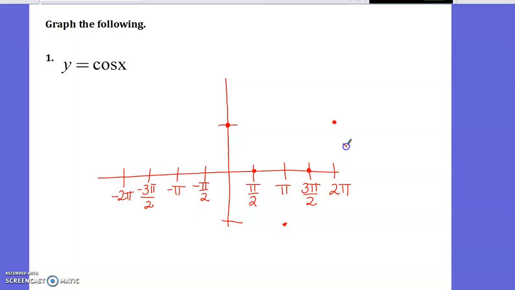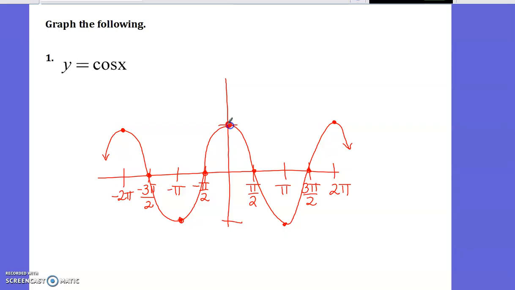So this would represent one period of the graph, and then going the other direction, we were at the top, through the middle, bottom, back to the middle, back to the top. Like that. So that is going to be our parent function for cosine.